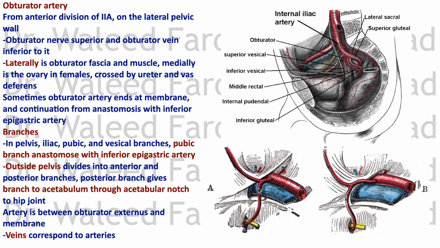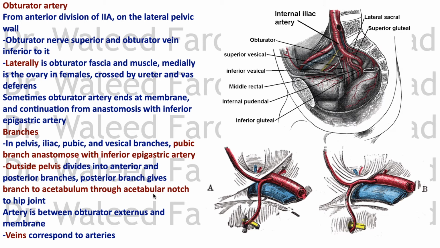Other branches of the obturator inside the pelvis: it gives iliac, pubic and vesical branches. Outside the pelvis, it divides into anterior and posterior branches, deep to the obturator externus. And from the posterior branch, a branch goes to the acetabulum through the acetabular notch to supply the hip joint.